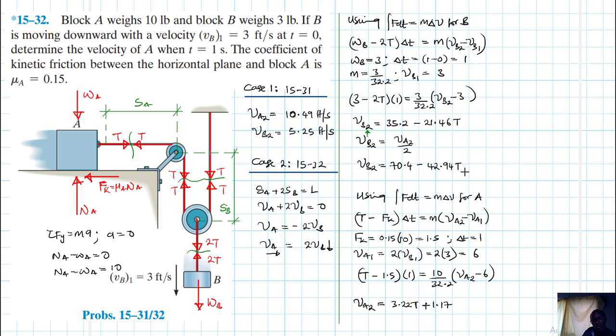So we have these two equations. Okay, we are writing in terms of VA2.